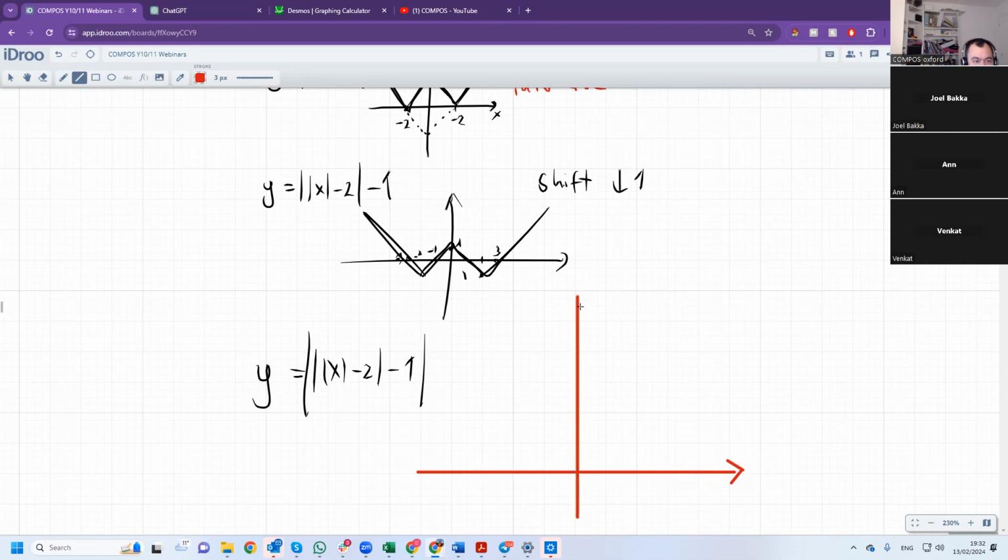In all the negative parts, we flip into the positive, onto the positive side. Bam, bam, bam. So it goes like this. Now it used to go down and up. Now it goes up and then down, up and then down, up and then down, up.